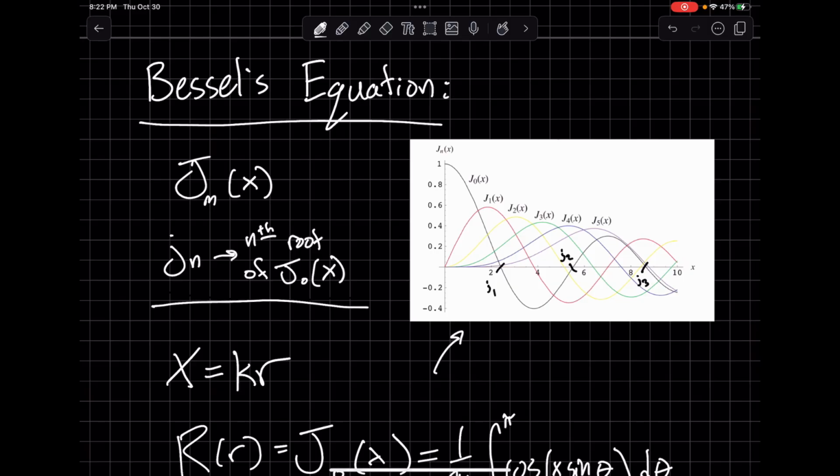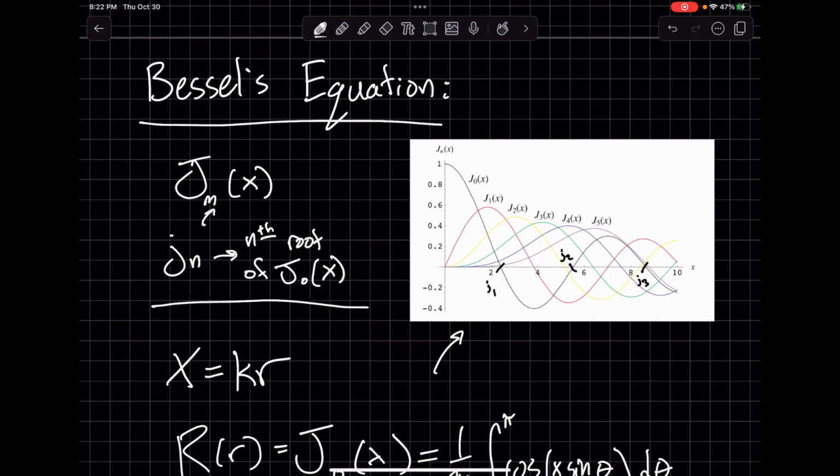It is a sort of dampened oscillating function, where little j sub n here that I've labeled in the graph are the nth roots of J sub 0 specifically, because we know that m equals 0 from the no phi dependence here.